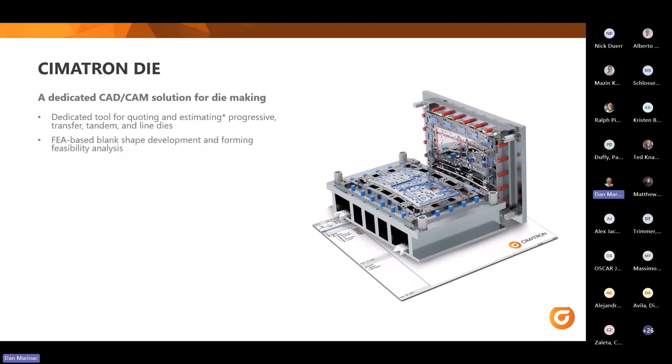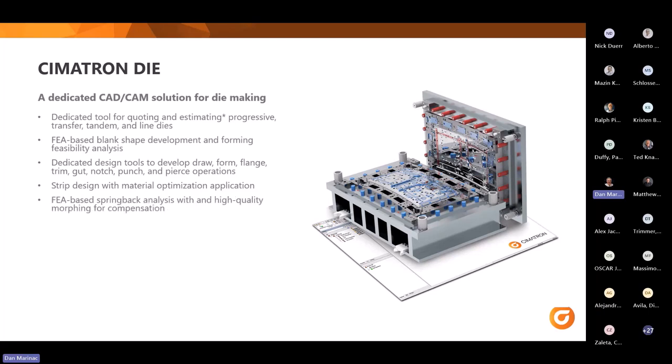We will be showing today FEA-based blank shape development and forming feasibility analysis, dedicated design tools to develop, draw, form, flange, trim, gut, notch, punch, and pierce operations, strip design with ease with material optimization application, FEA-based springback analysis with high-quality morphing and compensation. That portion of this demonstration will be reserved for the 3rd in our series.